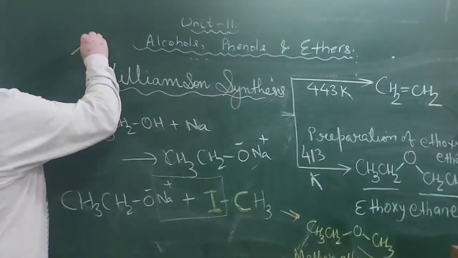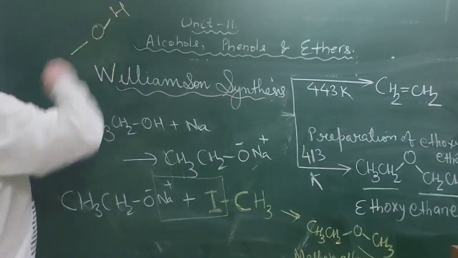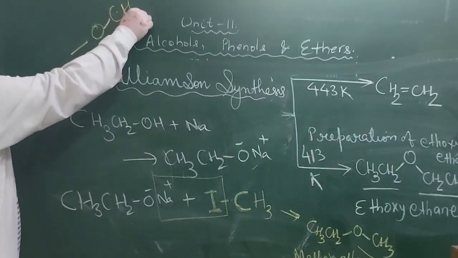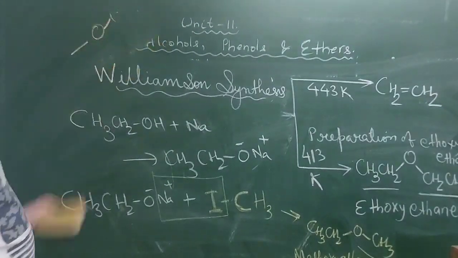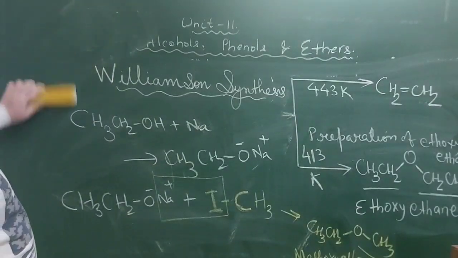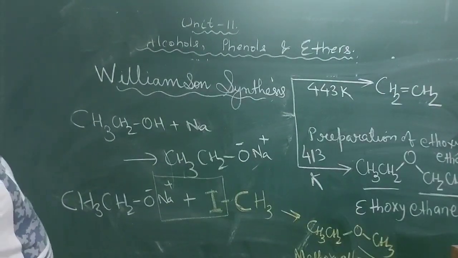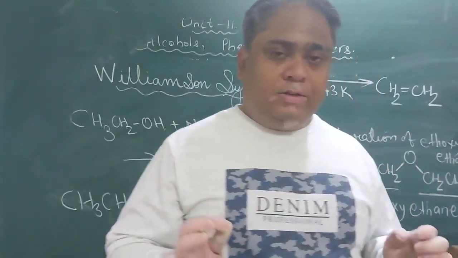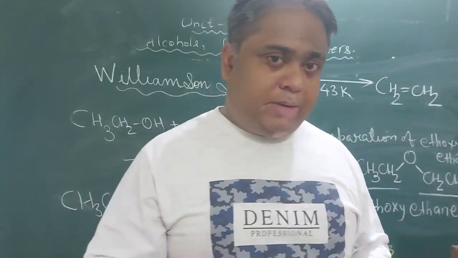Just like this is hydroxy, similarly it is methoxy, and for any alkane, alkoxy. All right, so these are interrelated molecules and hence we study them all together. So in this way I wanted to introduce this chapter to you.